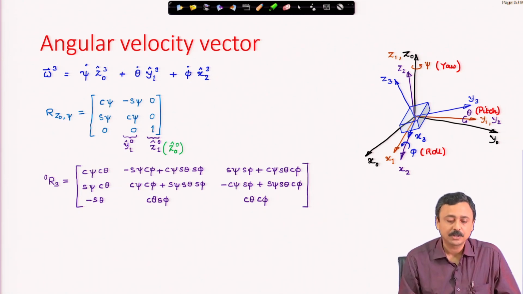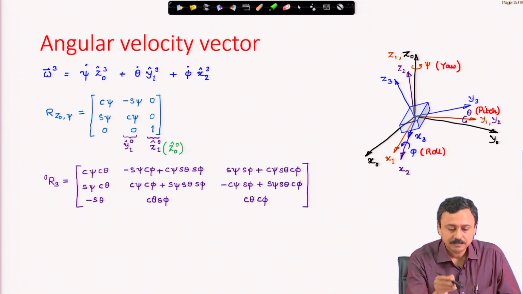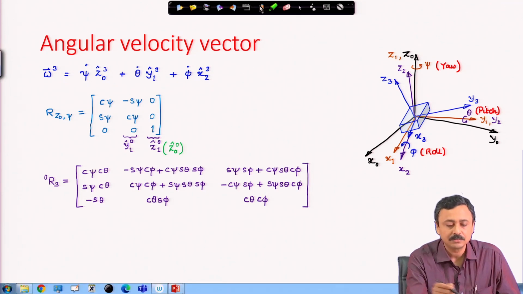Both are the same, because psi was about the z 0 axis. What do we need? We need the representation of z 0 in frame 3, and the representation of y 1 in frame 3.